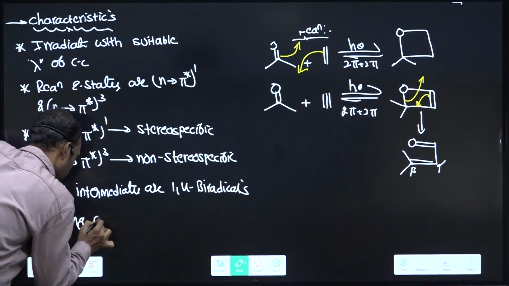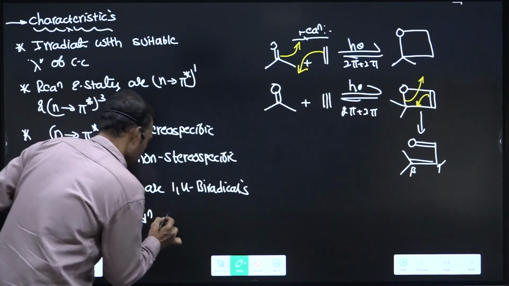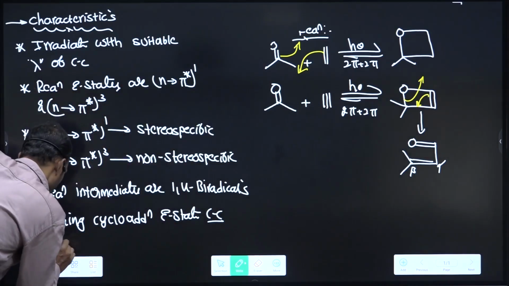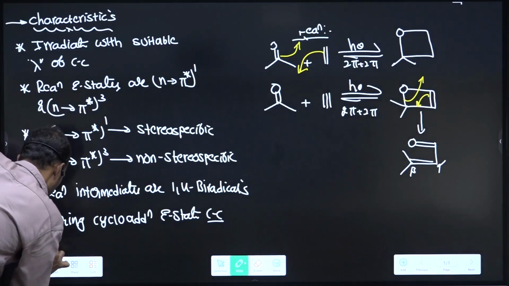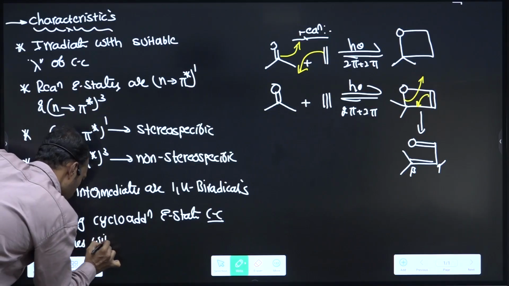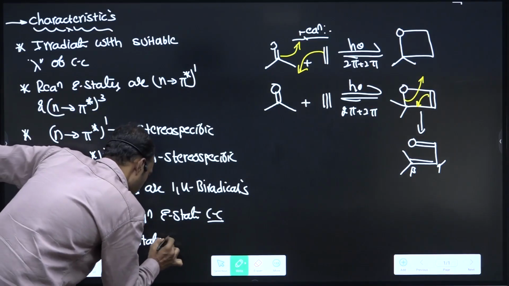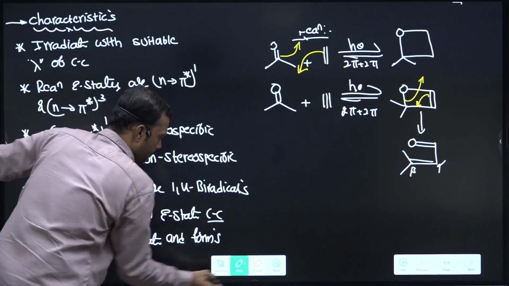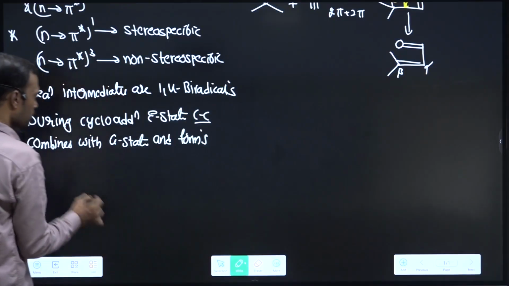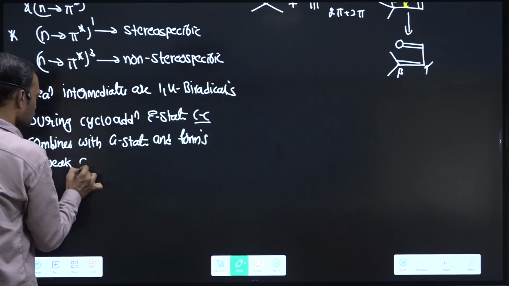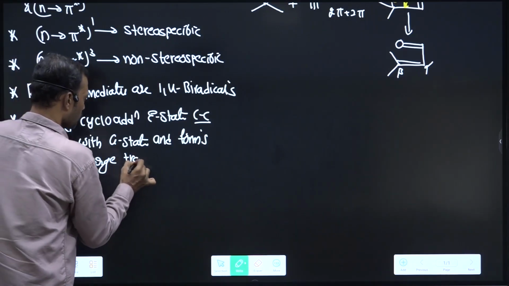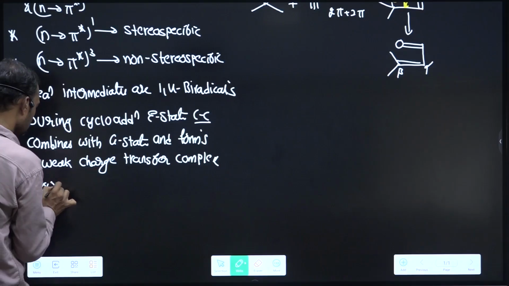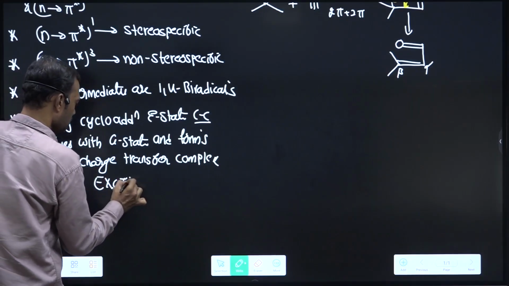See, during cycloaddition, the excited state carbonyl compound combines with the ground state olefin and forms a weak charge transfer complex known as an exciplex.